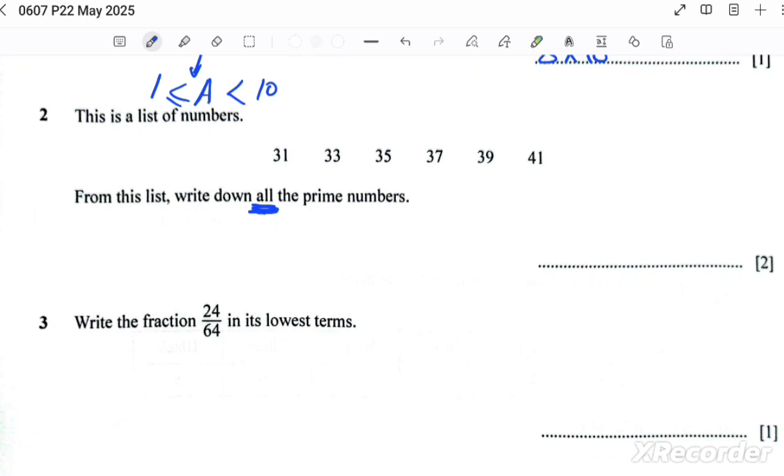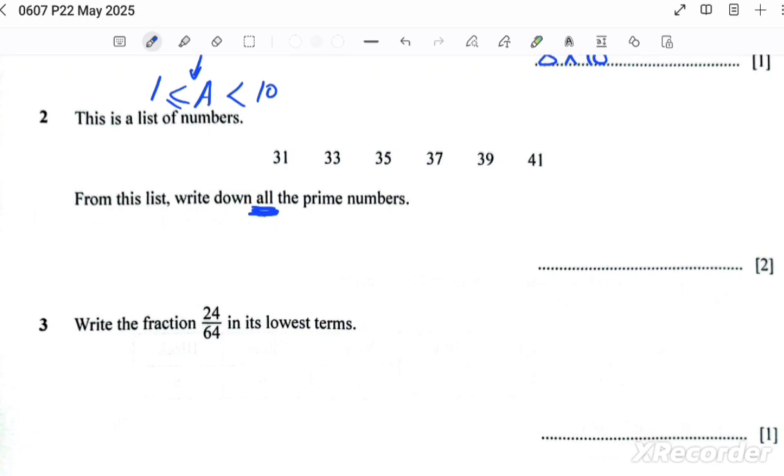Because in some questions, it says just write down a prime number, so you can pick any of them. But here, you have to write all of them to get the full mark. In this case, the prime numbers are 31, then 37, then 41.